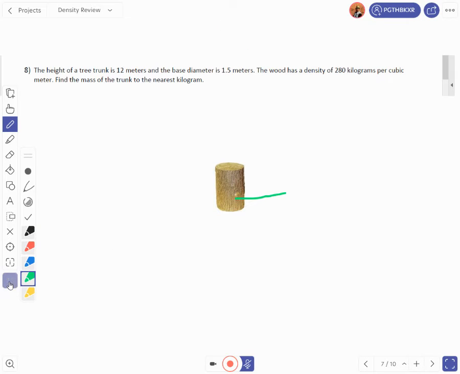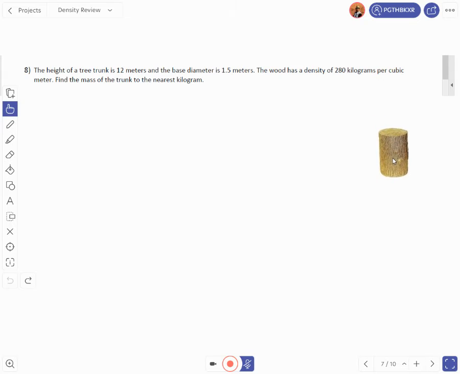So now you see that there is a tree trunk which is in the shape of a cylinder, right? So the height of a tree trunk is 12 meters, therefore height is 12 meters, and the base diameter is 1.5. You can take either at the base or at the top.